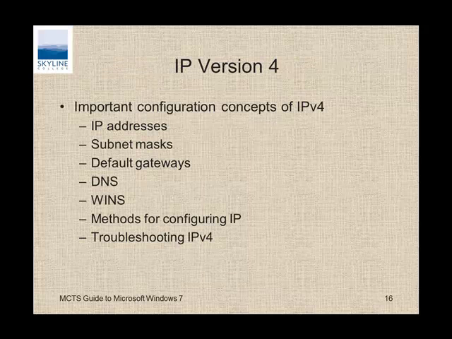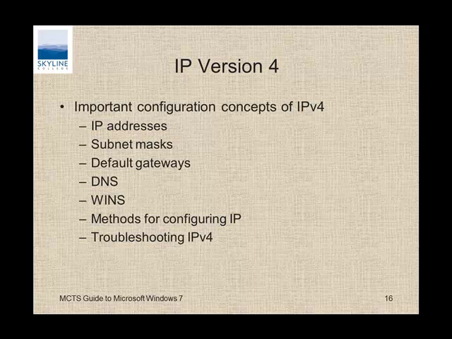IPv4, been there, done that. What's WINS? The what? What's WINS? Windows Internet Naming Service. That's a NetBIOS name server. So I picked out the one that we really didn't talk a whole lot about, right?